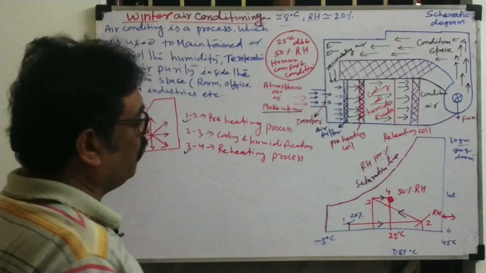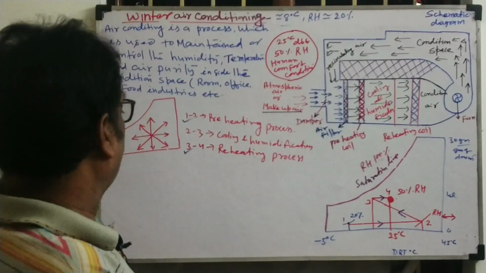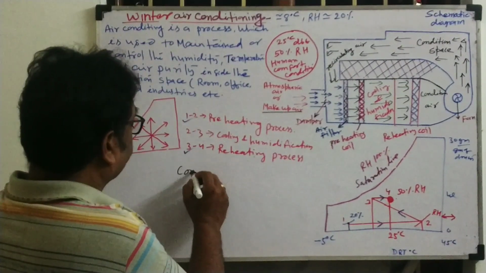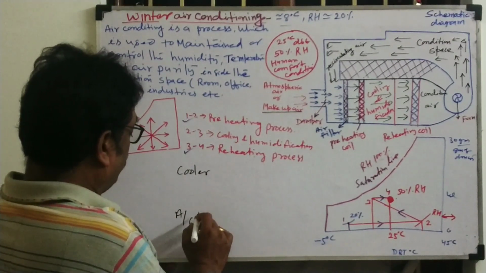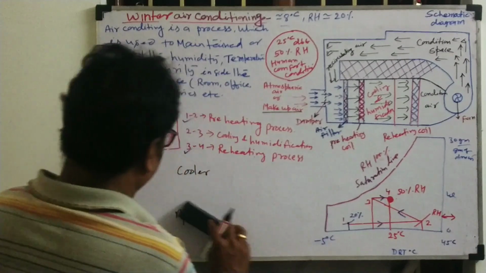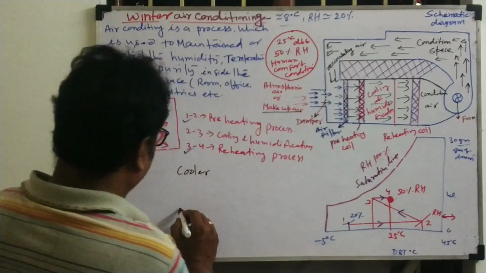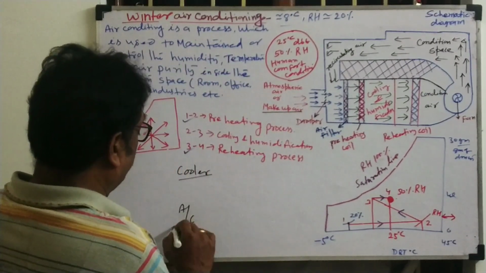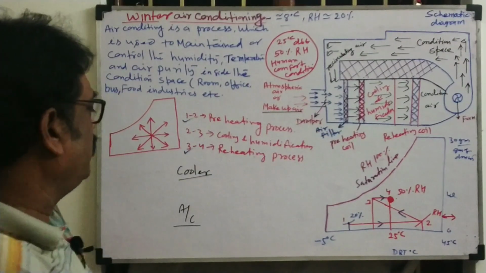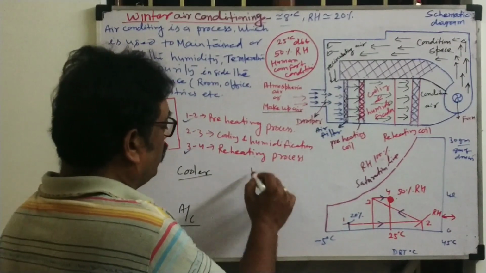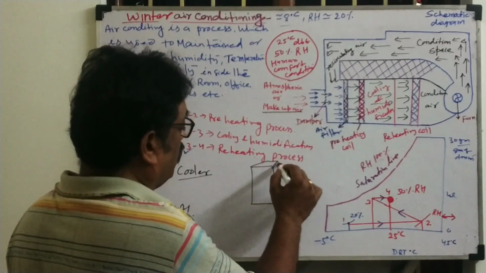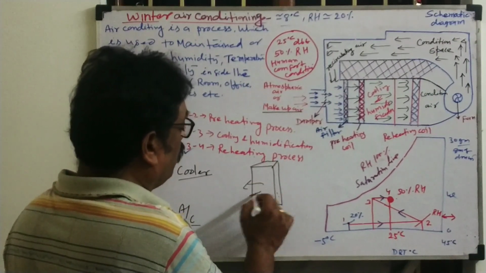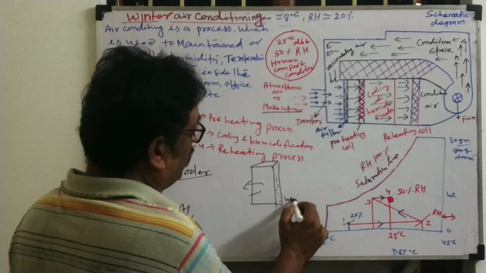Now here we have to include one thing: cooler and AC, the air conditioner. What is the difference between cooler and AC? In a cooler, water will be there, no?